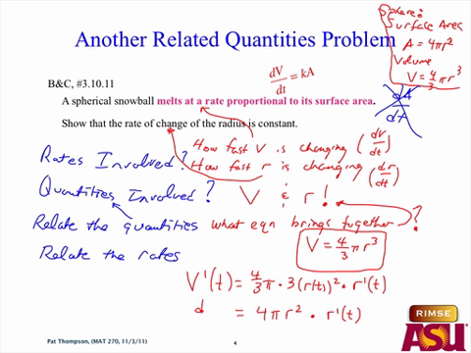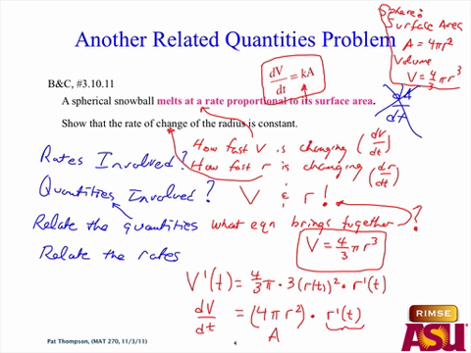So what did we find? We found that dV/dt equals 4 pi r squared times r prime of t. So now let's look at what we knew from the beginning. Can we bring those together? What is this right here? That's the surface area. So therefore, what must r prime of t be? The constant of proportionality.